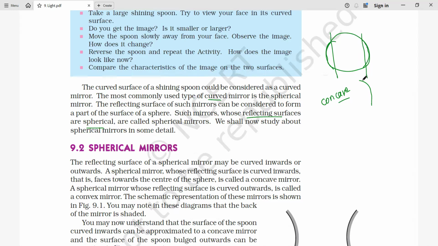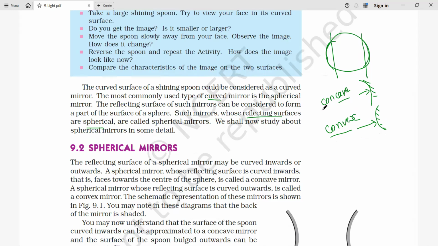Another is convex. That is oval in shape. That is about the reflecting surface. Okay, so the ray is coming from this side here, so its name is convex. And this is concave, cave.